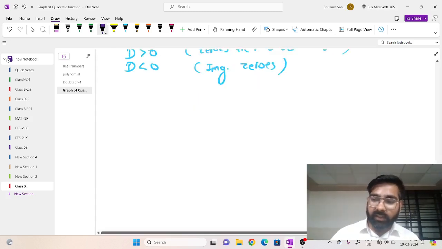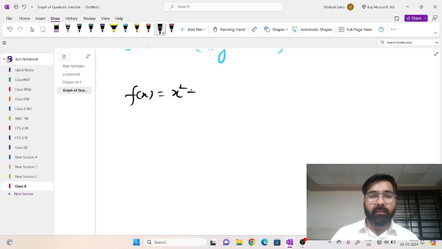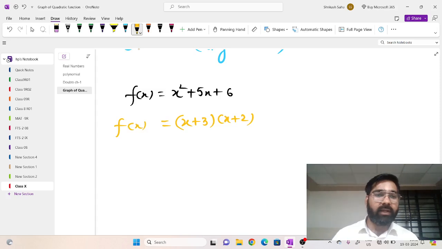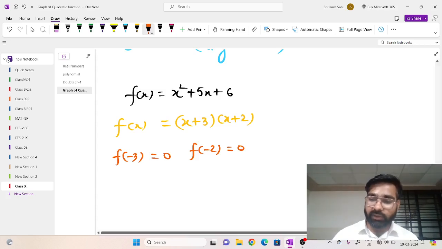Suppose we have a quadratic function f(x) equal to x square plus 5x plus 6, and if we factorize it into linear form, then we get the factors x plus 3 and x plus 2. As we know very well, if we replace x by minus 3, we get the function equal to 0, and if we replace x by minus 2, we get the function equal to 0.